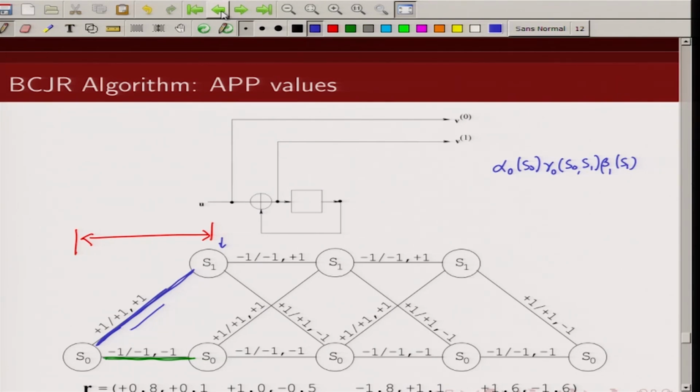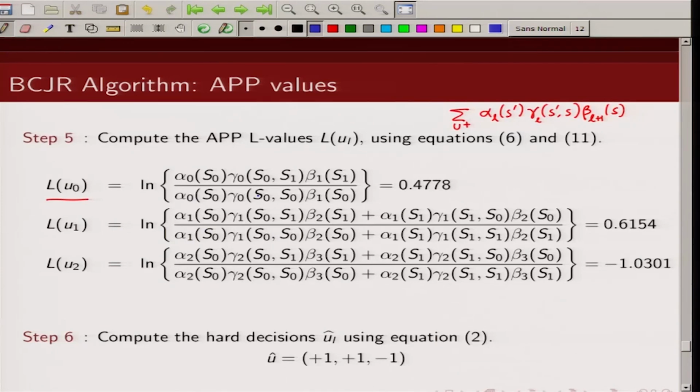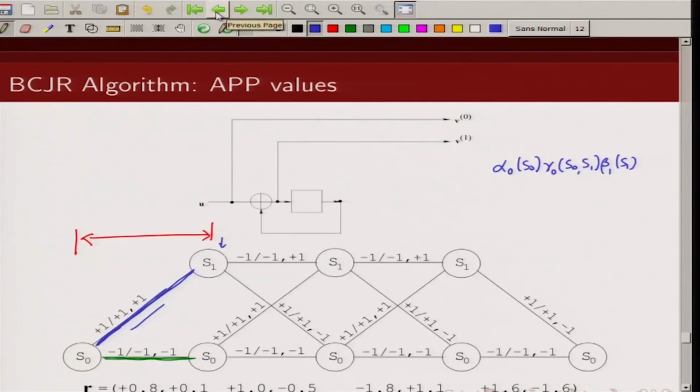So, we will now look at the denominator term. We have to look for all those transitions corresponding to u being minus 1, and there is only one such transition. So, the denominator term would be alpha 0 S 0, gamma 0 S 0 S 0, and beta 1 S 0.